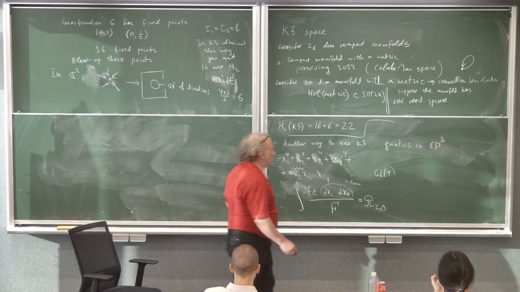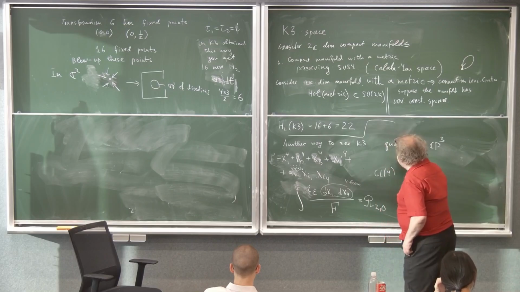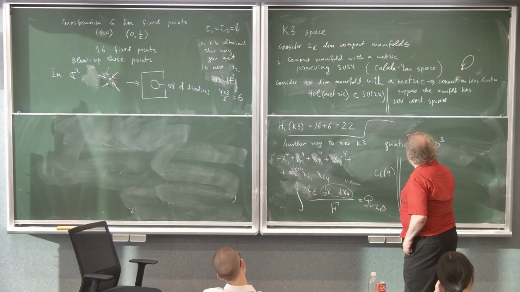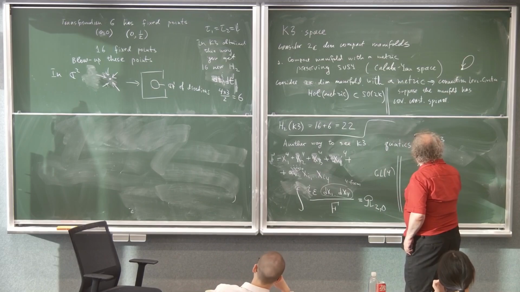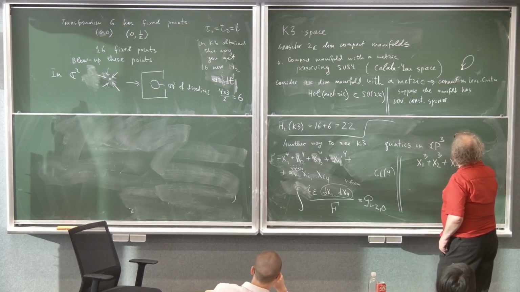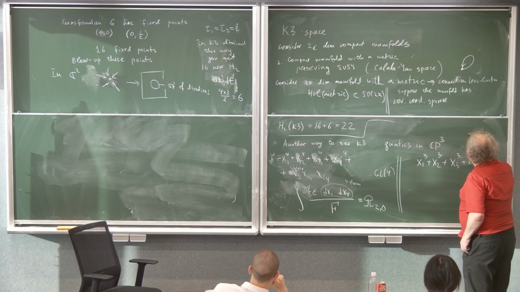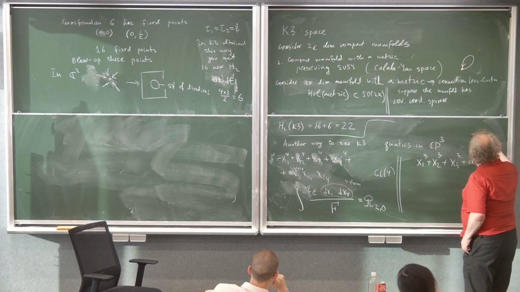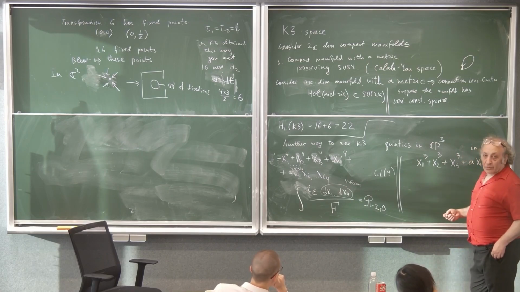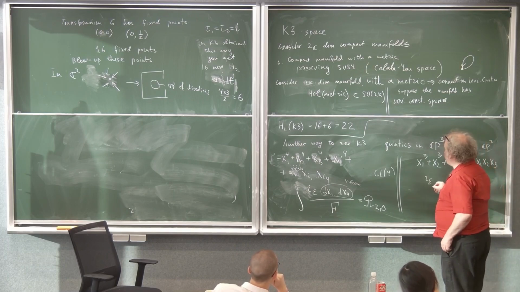So you may ask how this formula works for a torus. Take x1 cubed plus x2 cubed plus x3 cubed plus x1x2x3 in CP2. It should be a torus. I write exactly the same formula.